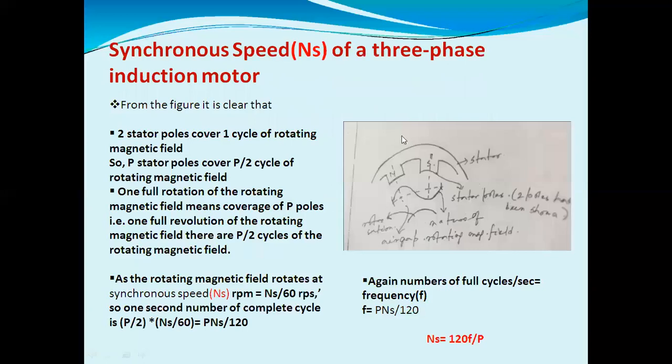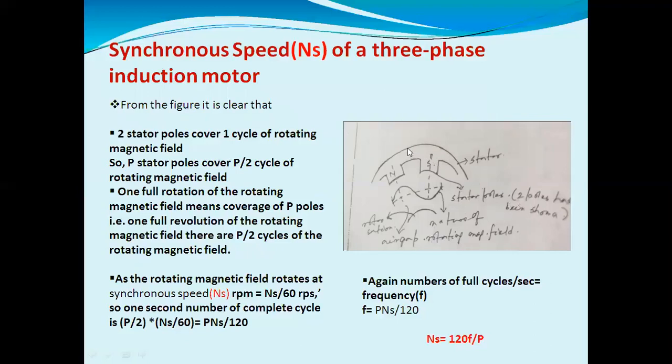So let us take a particular diagram. Here there are two poles, north and south. This is the stator and these are the stator poles, and here is the rotor section, which is rotating.